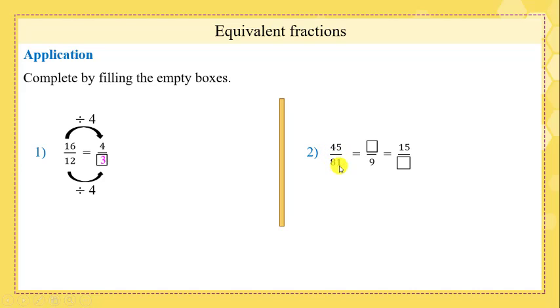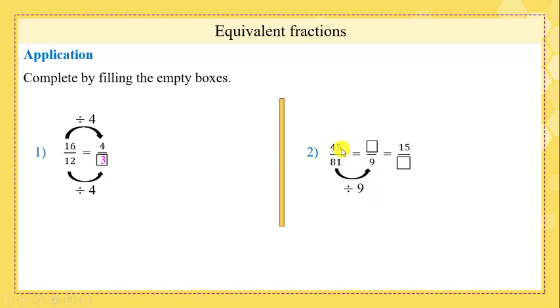45 over 81 is equal to this fraction, is equal to this fraction. These two parts are missing. Let's find them. Now, what do I divide the denominator 81 by to get 9? 81 divided by 9 is equal to 9. Don't forget, whatever I do to the denominator, I've got to do to the numerator.